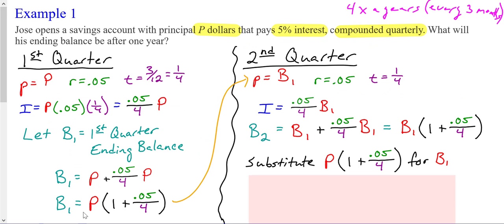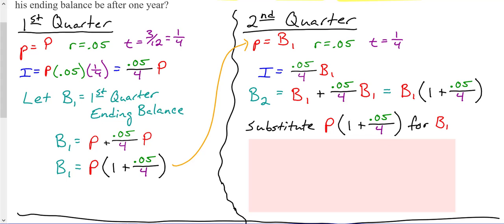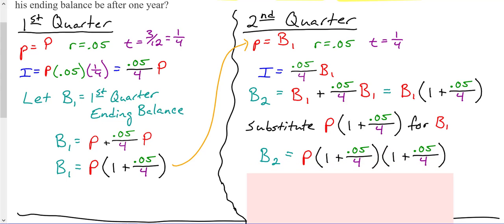And when we do that, you're going to notice that we have 3 terms that we're multiplying: P times 1 plus 0.05 over 4 times 1 plus 0.05 over 4.